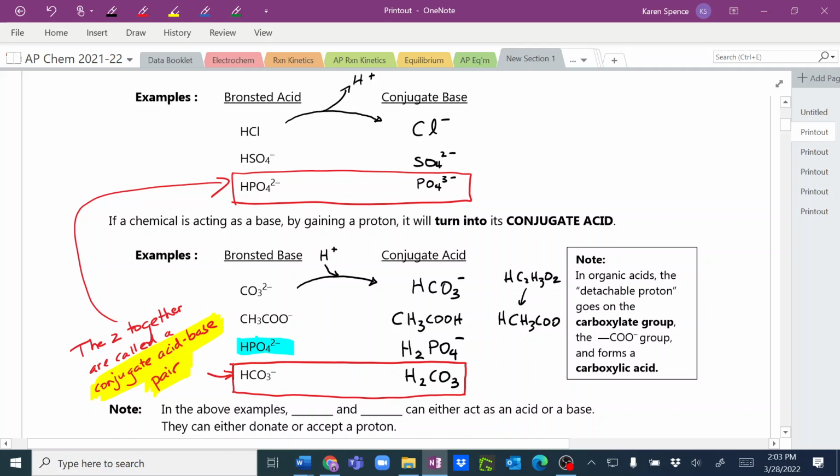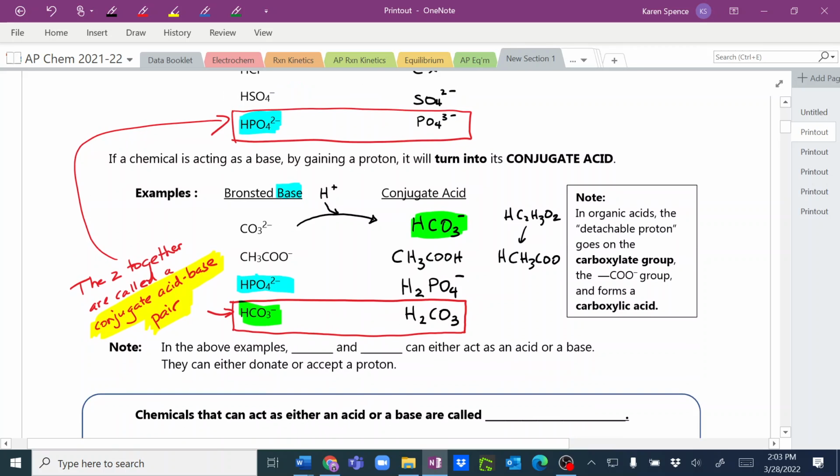It's in the base, but it is also in the acid, yes? Is there anyone else on there who is doing that same sort of thing? HCO3. HCO3 is hanging out as a base, but it can also act as an acid.